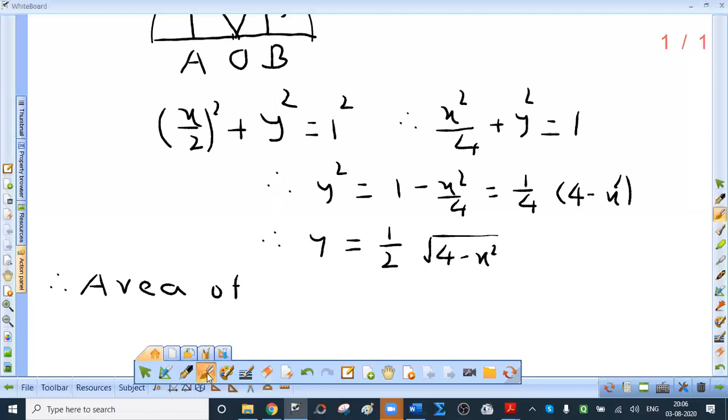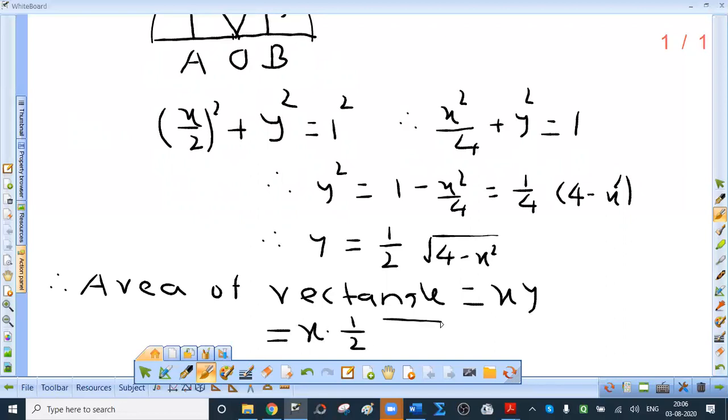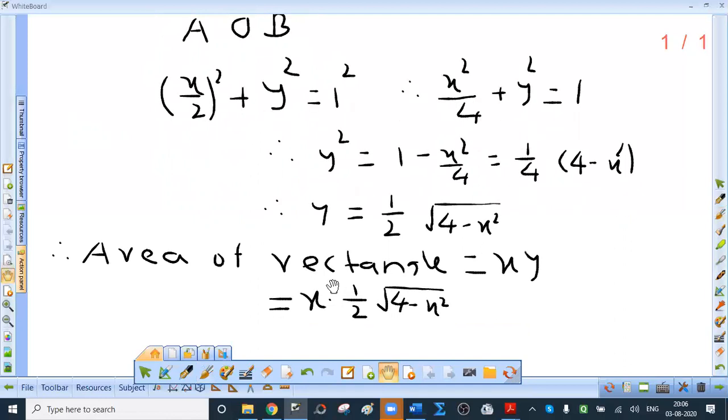So what is area of rectangle? We have to examine area of rectangle. It is XY. Now we replace Y by what? It is half root of 4 minus X square. Now the function which is to be examined should be denoted by f of x.